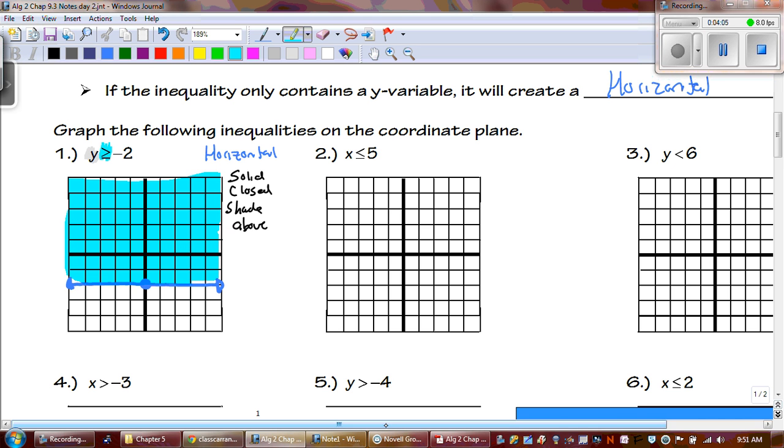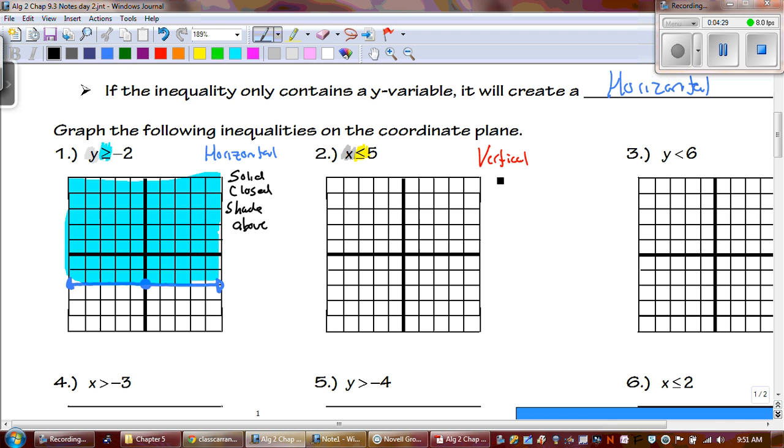Okay. Now let's look at our next one. Once again, there's only one variable, and it's an x. So when it's an x, we know that it's going to be a vertical line. Now let's look at the inequality symbol. It's less than or equal to.